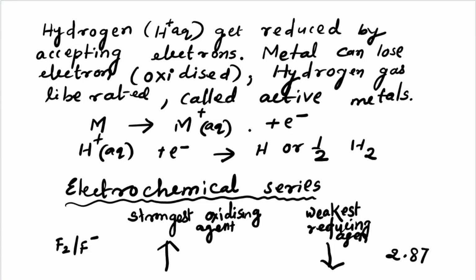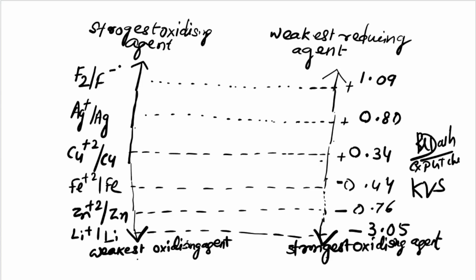The electrochemical series is arranged according to standard reduction potential. Here you can find which is the strongest oxidizing agent and which is the weakest oxidizing agent. Similarly, the strongest reducing agent and the weakest reducing agent. When you go up, that is the strongest oxidizing agent.